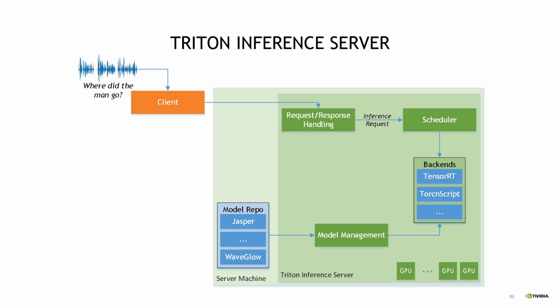Depending on what representation we chose for a specific model, a corresponding backend will be used to execute that model. After all the models have run the inference, we can send the response back to the response handling segment of Triton, and in turn to the client that will produce the output audio.